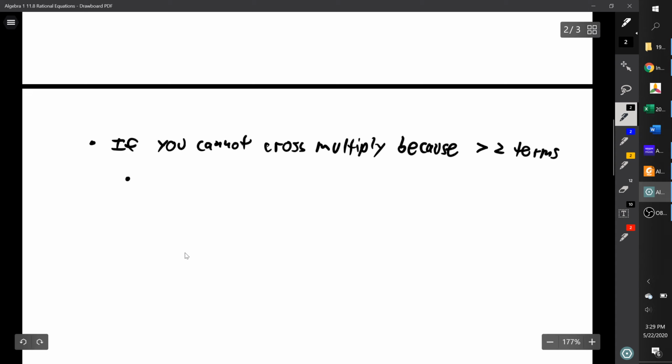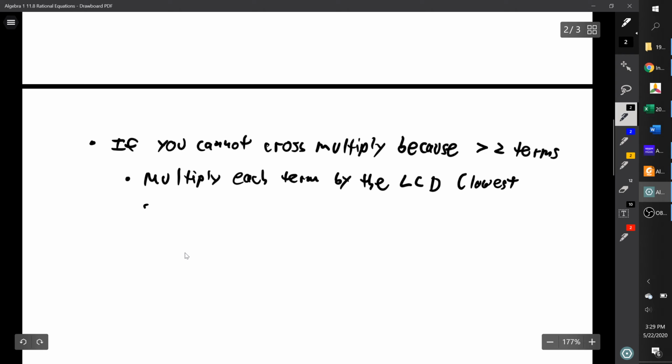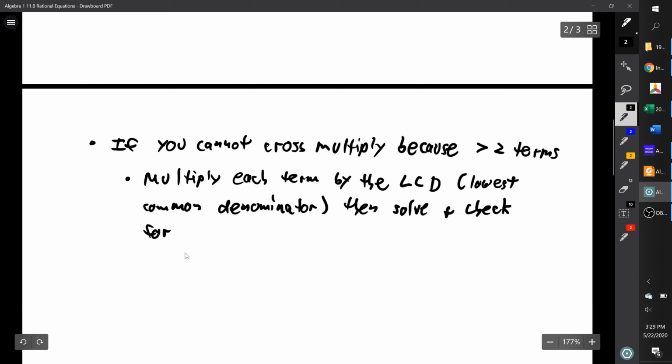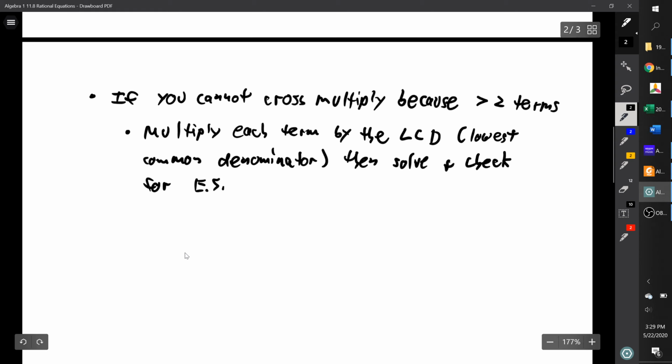Then what we do is multiply each term by the LCD, lowest common denominator, or least common denominator. Then solve and check for extraneous solutions. So let's do one like that.